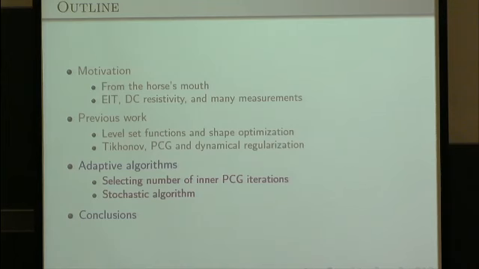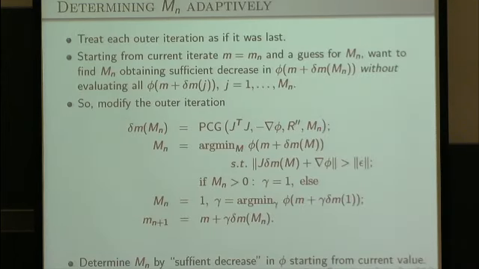So first, let's try to determine this m sub n. You can ask what the problem actually is. We iterate, and each time we use this conjugate gradient iteration, we stop, we evaluate phi, and then we see if we have enough decrease.